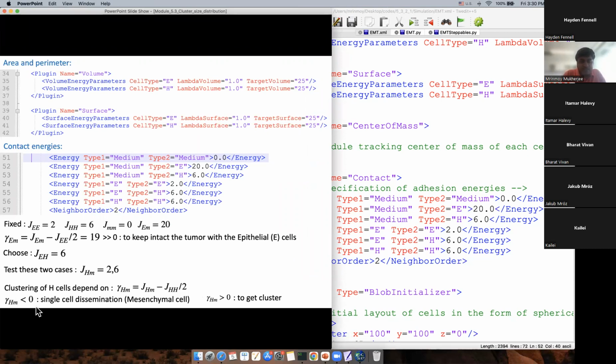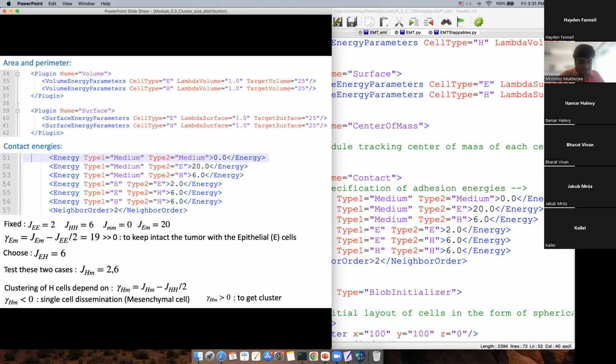If gamma HM is less than 0, that means the H cell likes the medium more compared to another H cell, so that's why they are released as separate cells. That's why you are getting this for J_HM equal to 2. If you put J_HM equal to 2, and because J_HH is 6, 2 minus 3 is minus 1, which is less than 0. That's why you are getting single cell dissemination. Initially, people thought of this as an EMT transition.